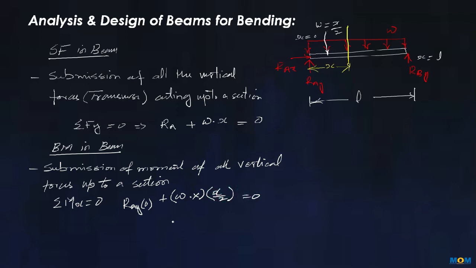So this is going to be half omega x square is equal to 0.